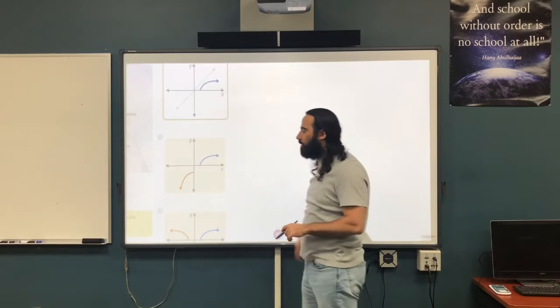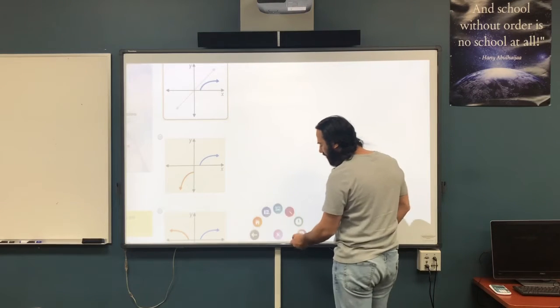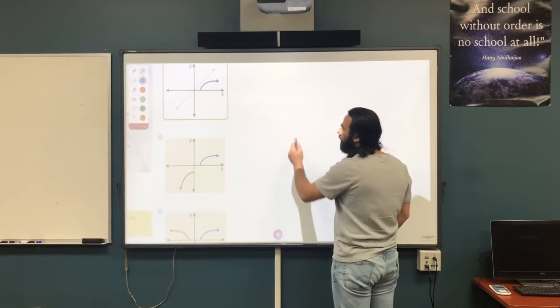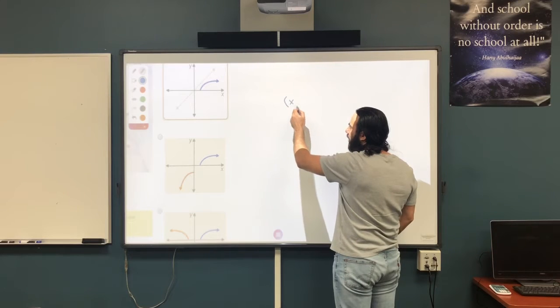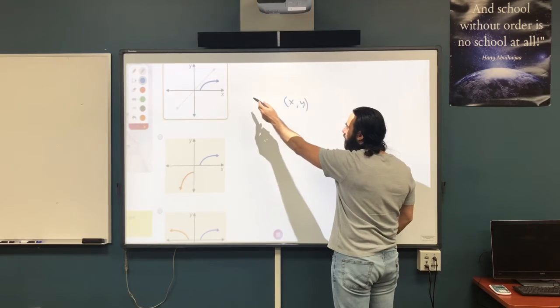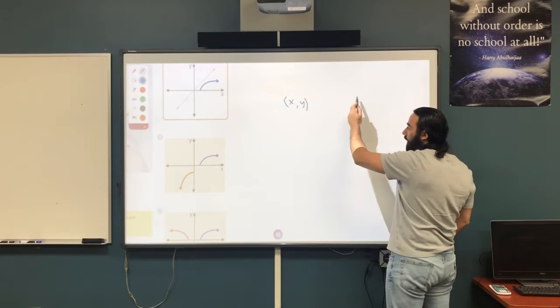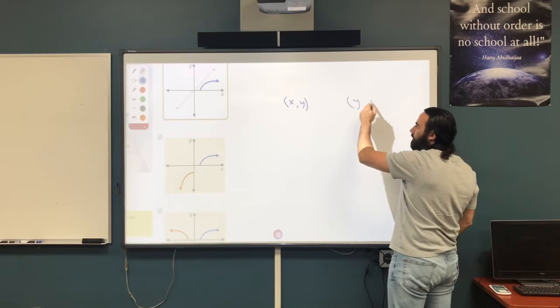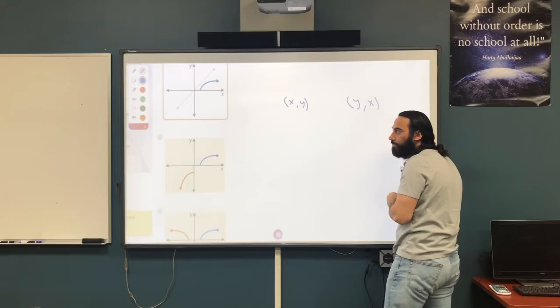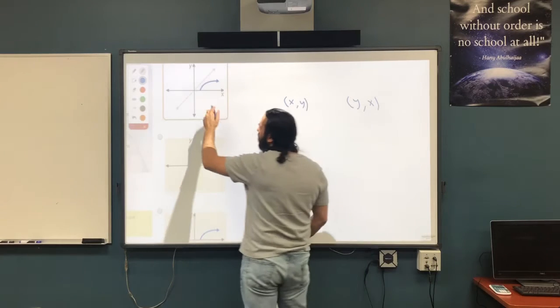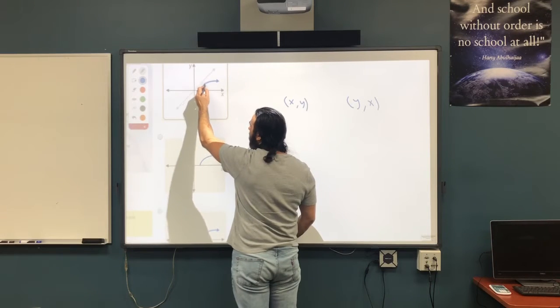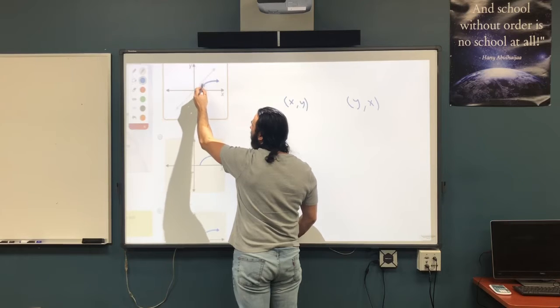What is the inverse? So you can make sure that you understand what the inverse is: if we have the point (x, y) on the graph of blue, the inverse will have (y, x). So in this case, let's say this one is on this graph, let's say it's (1, 2).